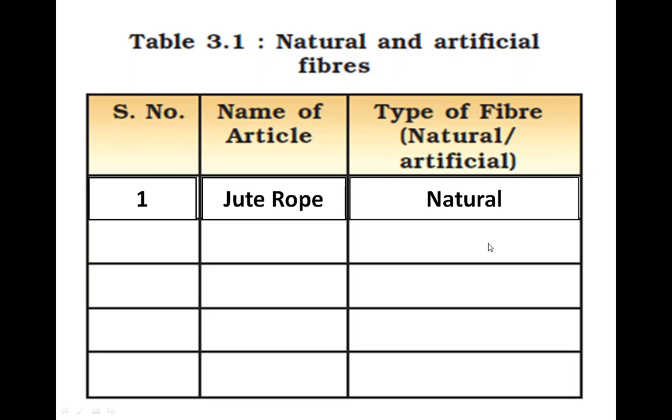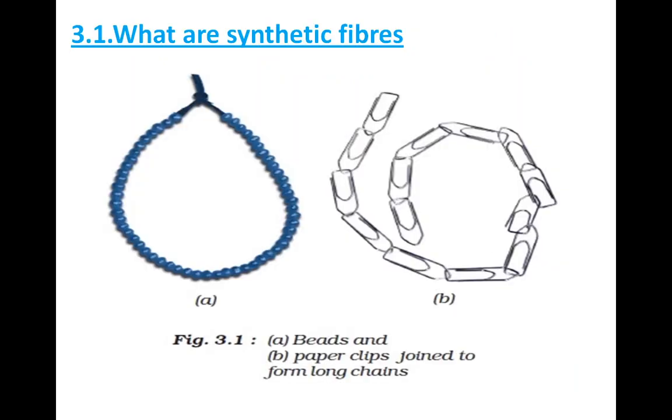Now we will start our main point, that is what are synthetic fibers. Before that, I want to explain a little bit about natural fibers like cotton, wool and silk. Why are cotton, wool and silk known as natural fibers? Can anyone give me the answer? Why are cotton, wool, silk known as natural fibers, not synthetic fibers?